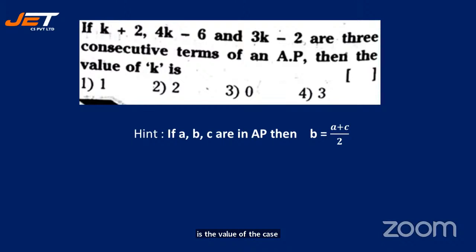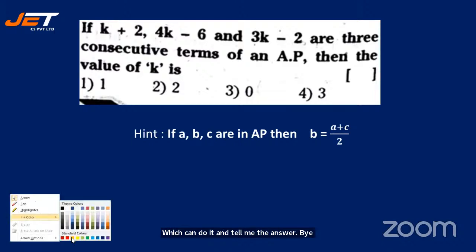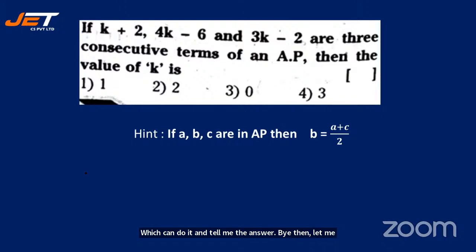Yes. So the hint is given. If A, comma B, comma C are in AP, then B is equal to A plus C by 2, isn't it? Quickly do it and tell me the answer. By then, let me try doing the sum. This is very simple. So, right.